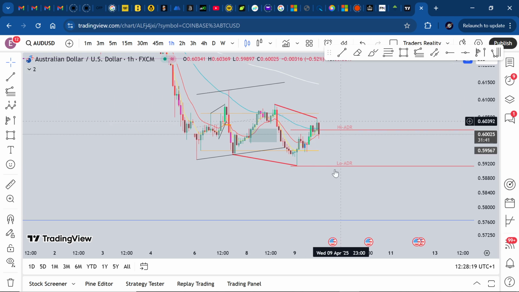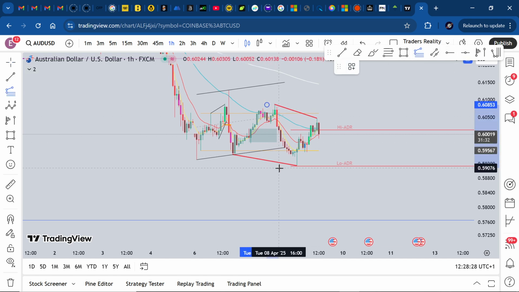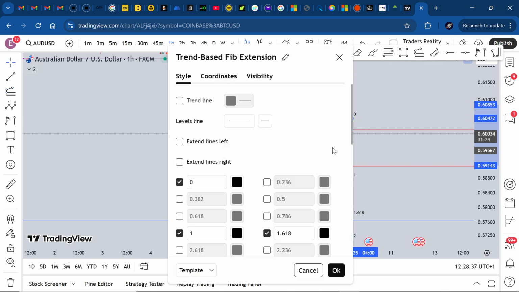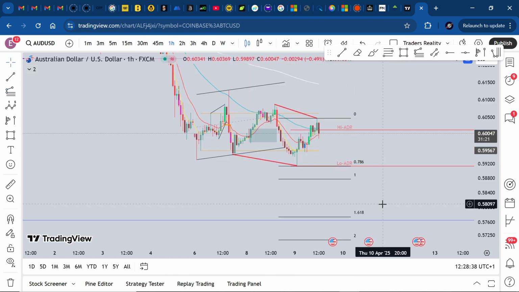And the thing about that is, if this is a diagonal, we're just going to take the low and completely go right back up. We wouldn't expect price to hit the 1-to-1 of this, because it needs to be shorter than the 3rd wave. So we're looking at 0.786 as a max, just about. So literally just take out the low, and that's that.